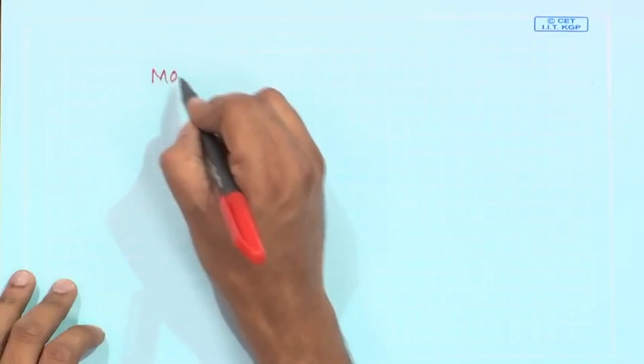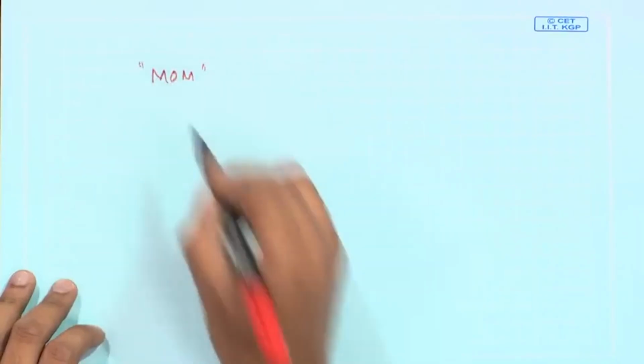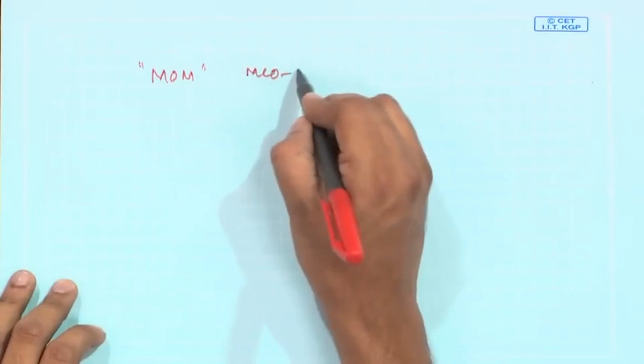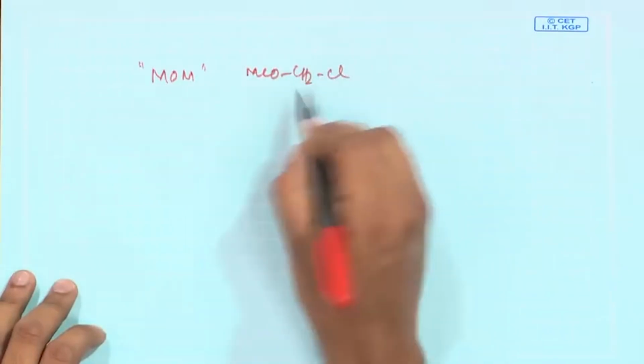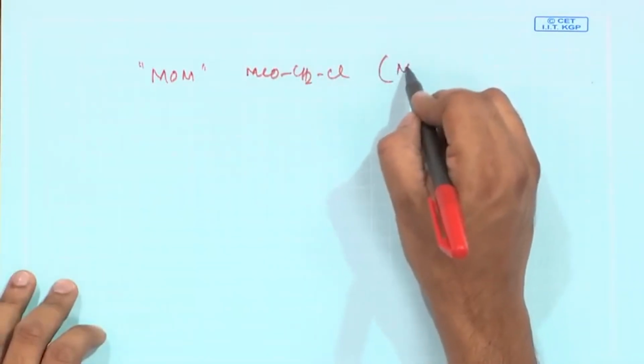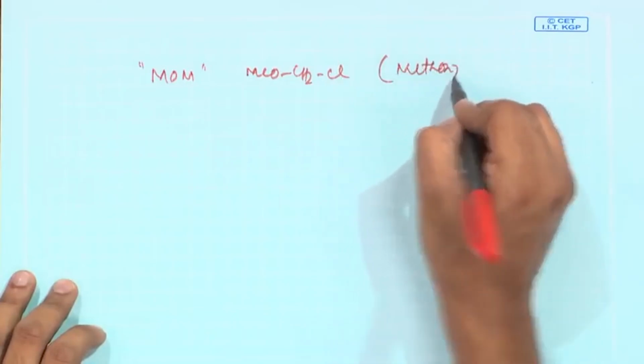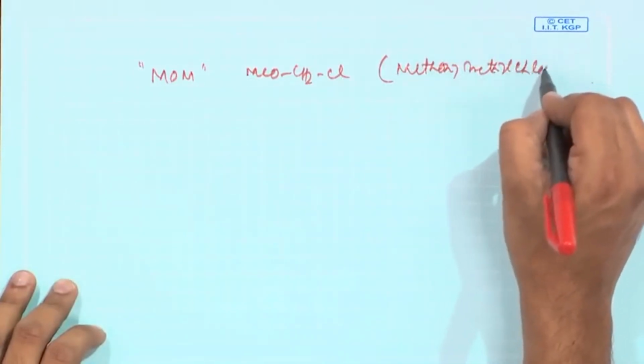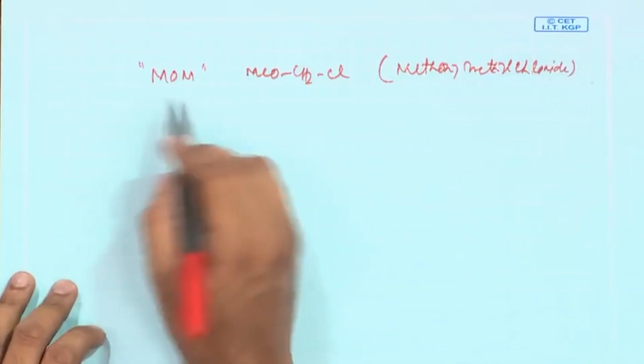We are talking about another simple protecting group which is abbreviated as MOM. MOM stands for methoxymethyl chloride. It is basically an ether.